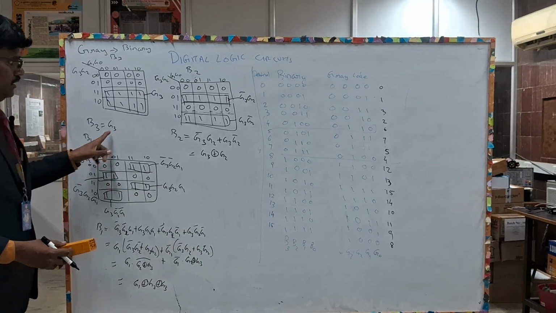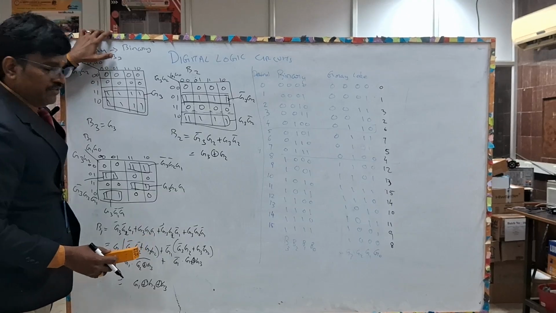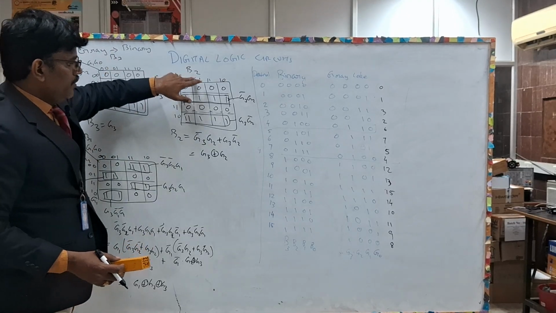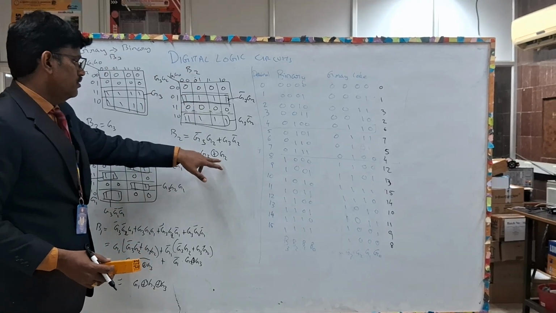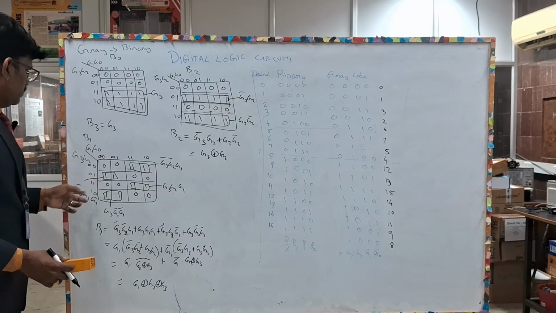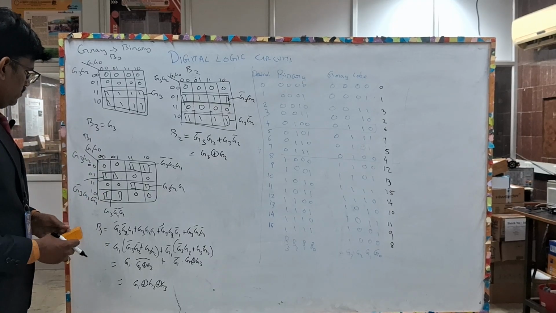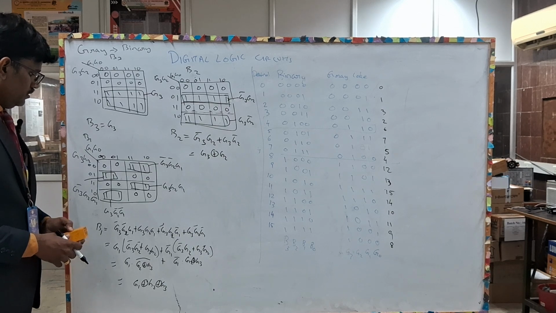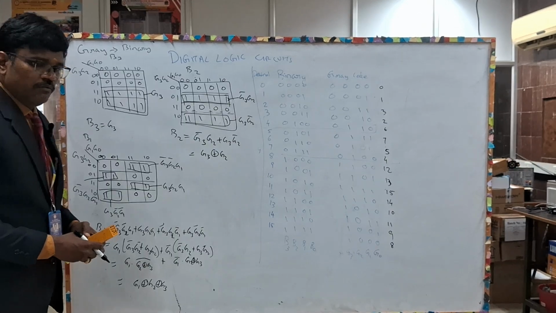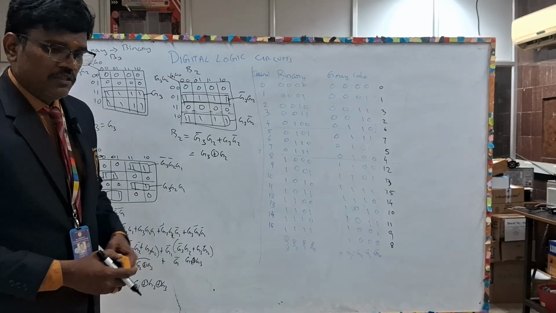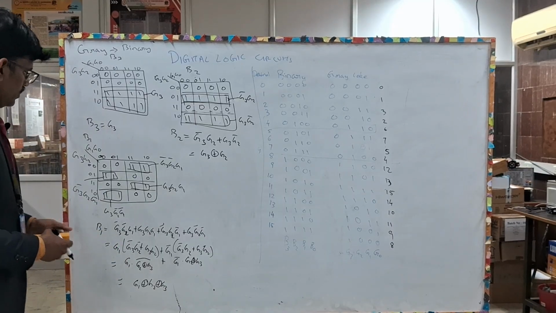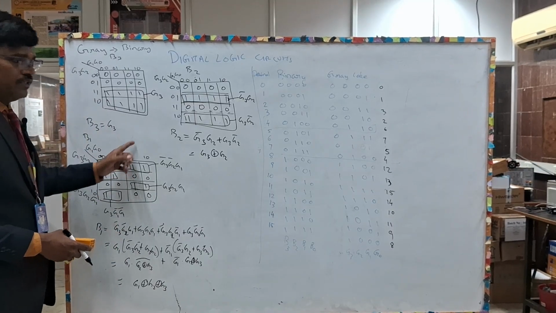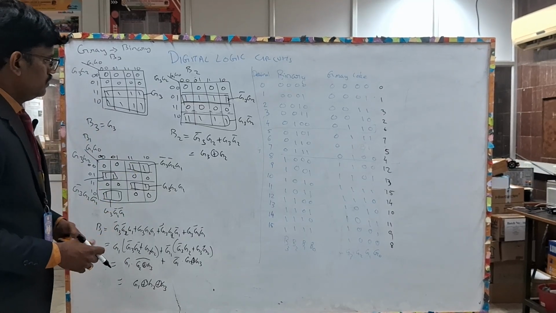So B3, the most significant bit, is going to be G3, B2 is going to be the XOR operation between G3 and G2, and for B1 it is going to be G1 XOR G2 XOR G3. So with the obtained gray code value, we are trying to convert.